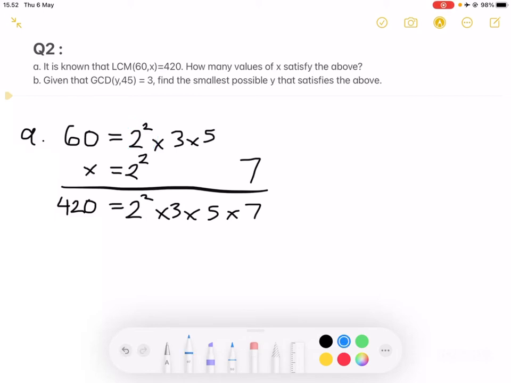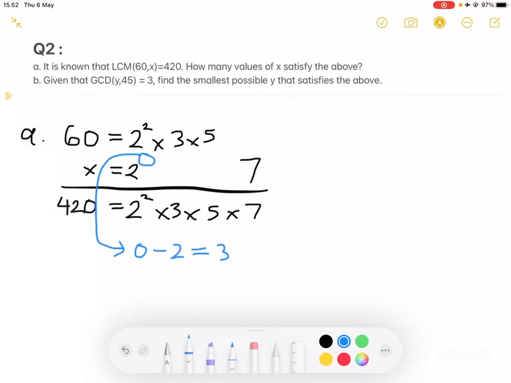We can choose either of these. Notice that if you choose its power to be bigger than 2, it will ruin everything, because the LCM would then not be equal to 420, which will again ruin the question's criteria. So the possible values of the power of 2 are 0 to 2, therefore we have 3 ways.